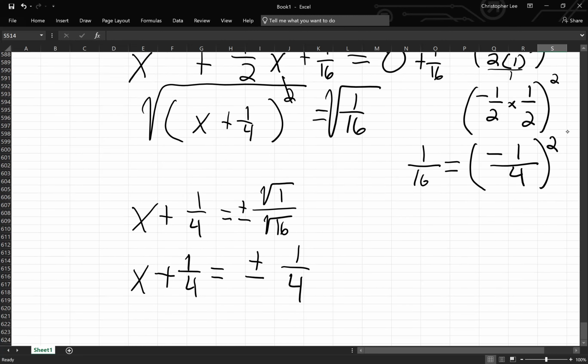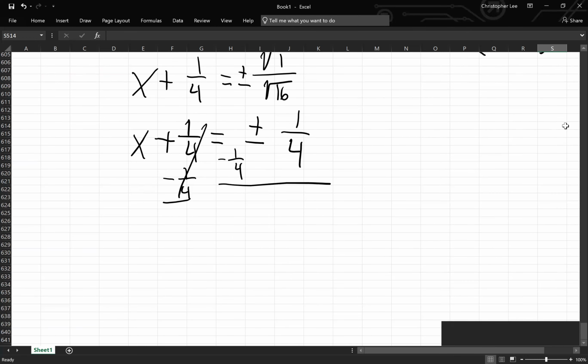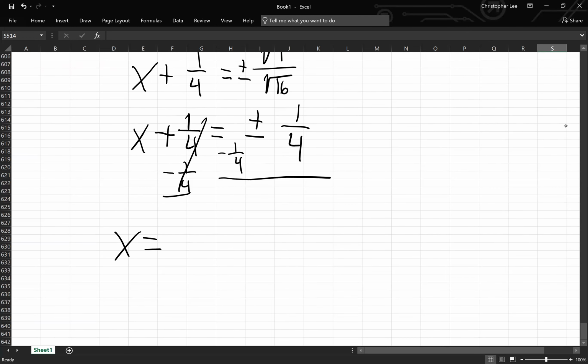All right. And then after that, I want to solve for x. What am I going to do? Exactly. I'm going to subtract 1 over 4 from here. What I do to one side, I do to the other. So now I have what? X is equal to negative 1 over 4 plus or minus 1 over 4, right? And that's going to be equal to what? Two numbers.